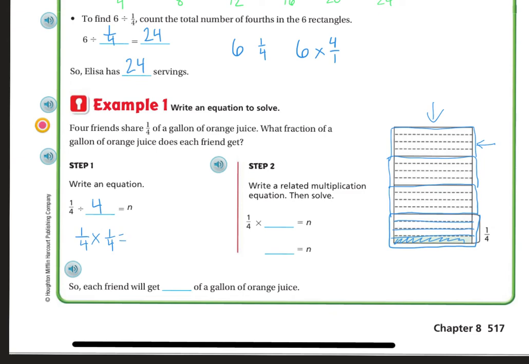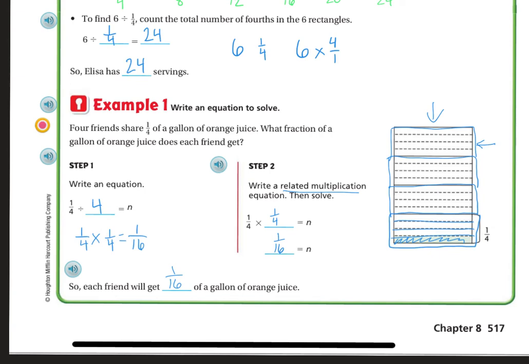So when I skip, flip, and multiply, 1 times 1 is 1. 4 times 4 is 16. 1/16. So to write a related multiplication equation, I would be multiplying 1/4 times 1/4, and I get 1/16. So each friend is going to get 1/16 of a gallon of orange juice.